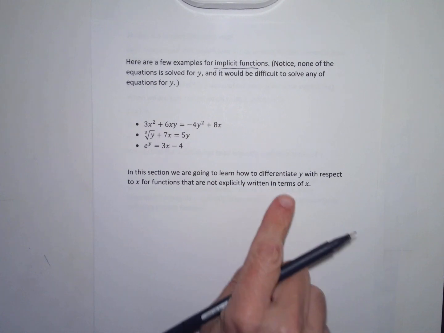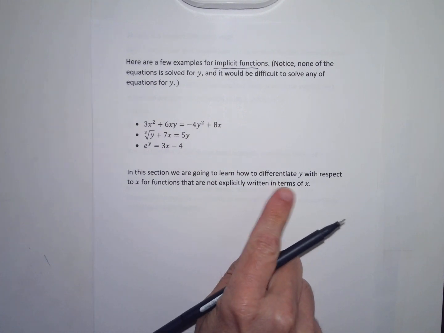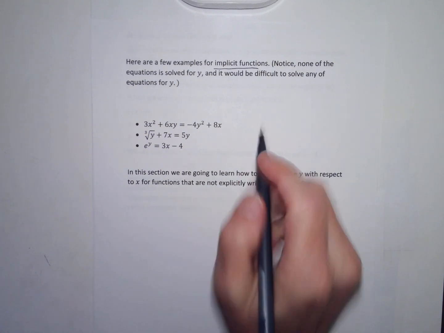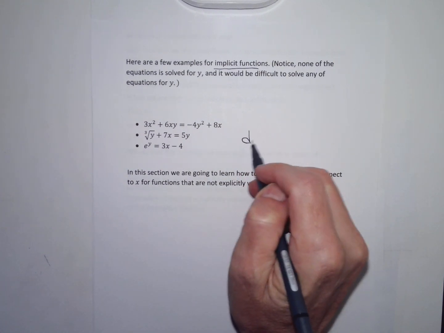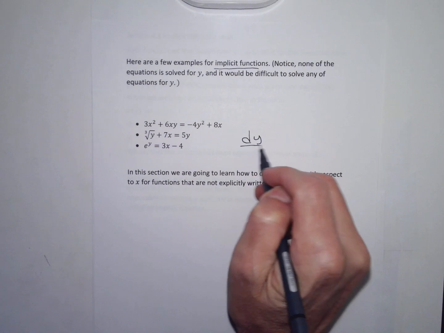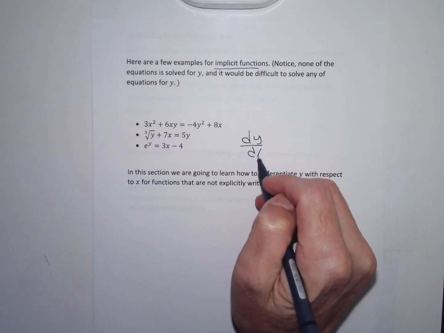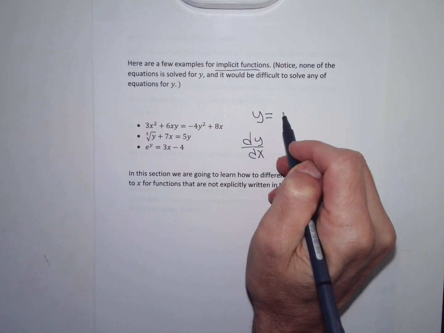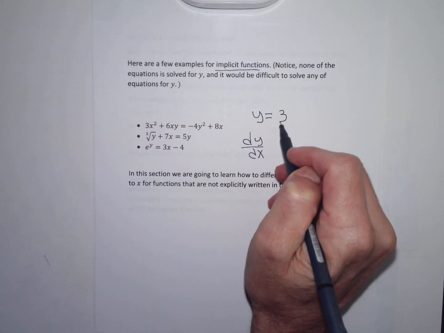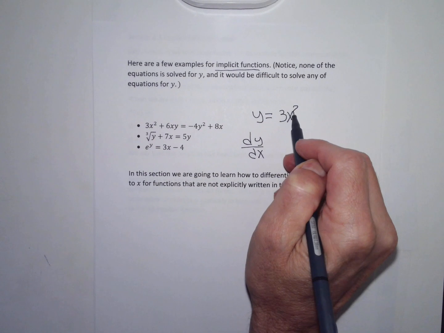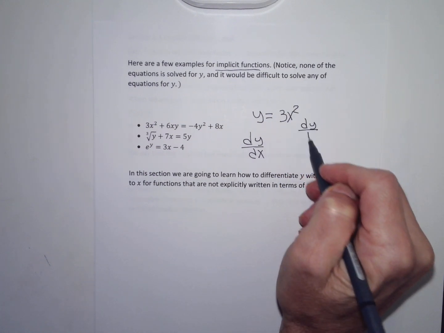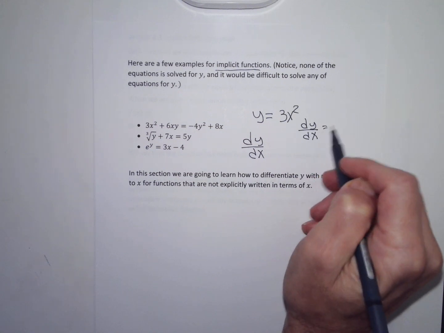So in this section, we're going to learn to differentiate functions of y with respect to x. We're going to learn how to do specifically the dy dx notation as opposed to the y prime notation. Like earlier this semester, if I had a function like 3x squared, using the long notation I might have said dy dx is 6x.